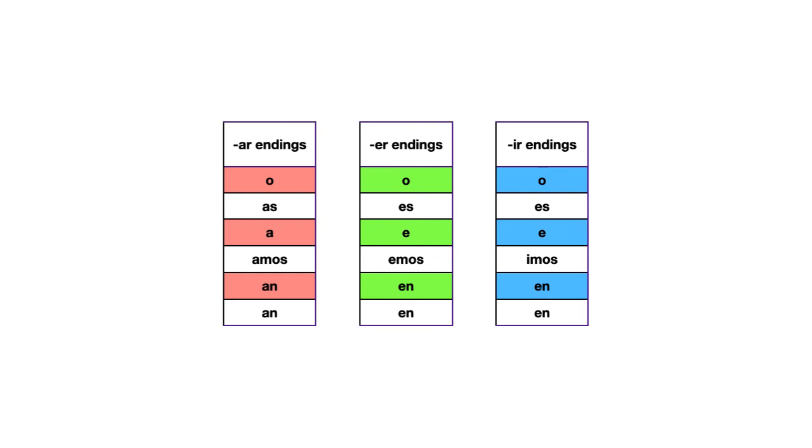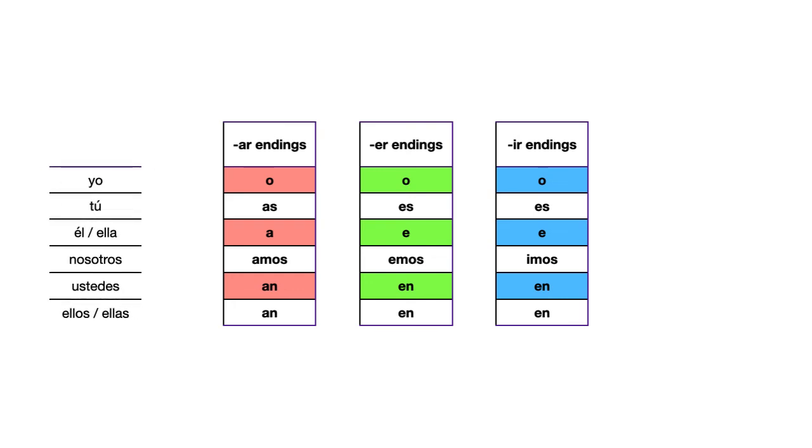Of course, in order to have a successful comparison, we also need to remember this information on the left, right? This is very important. We need to know which ending matches which subject, because otherwise we won't be able to actually use the verbs in sentences. So always remember when you memorize these endings that the first ending is for yo, or I. The second ending is for tú, or you, when you address one person.